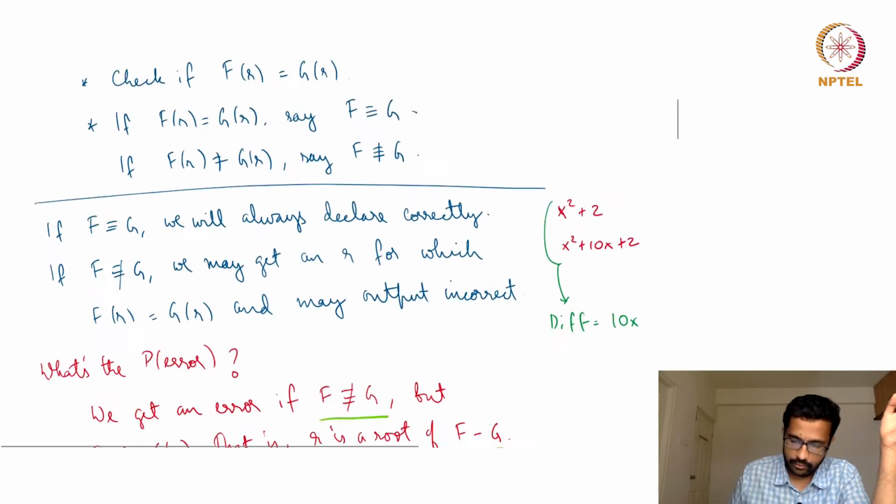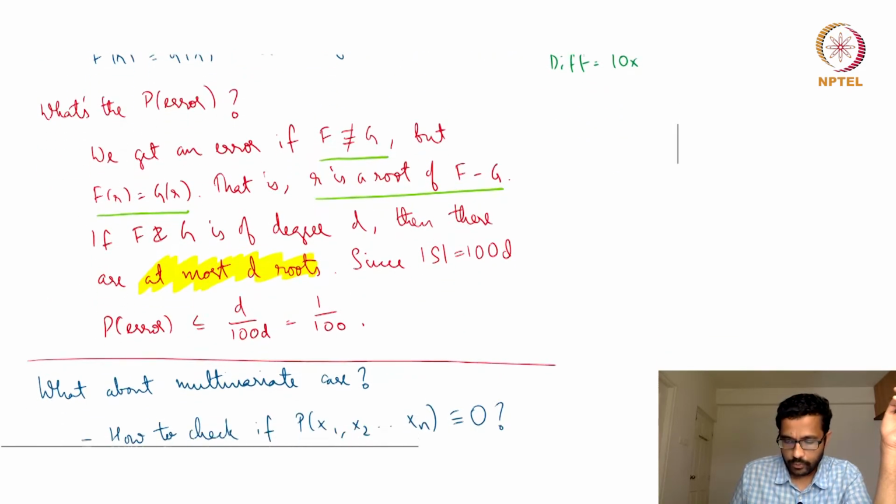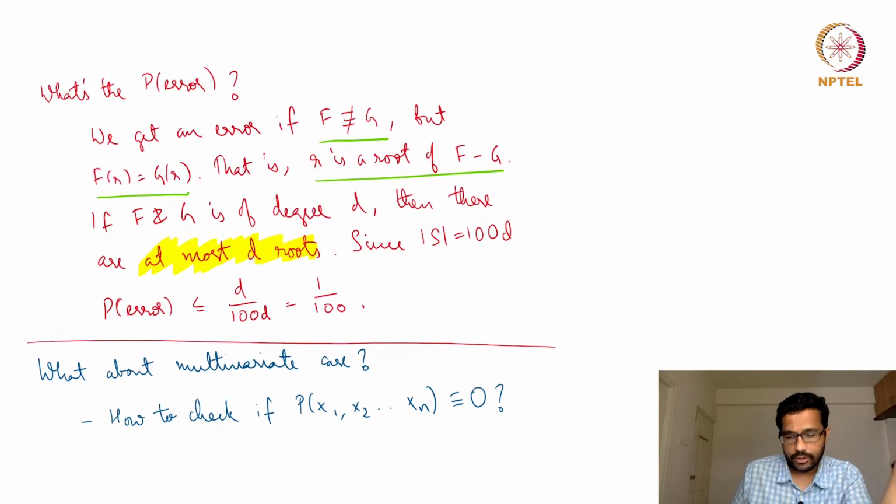If you recall, we picked r from a set of size 100d, so there were 100d values, out of which you chose one value, and there are at most d roots. Not all of these d roots may be present in the set S, but the maximum number of roots that can be present is all of them.